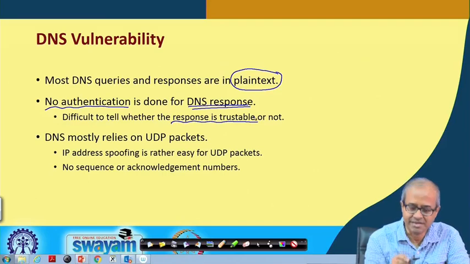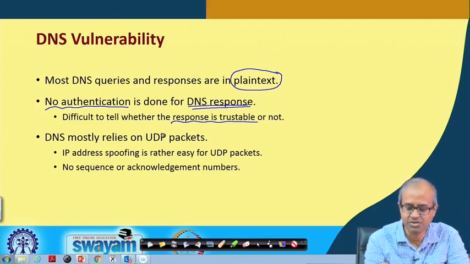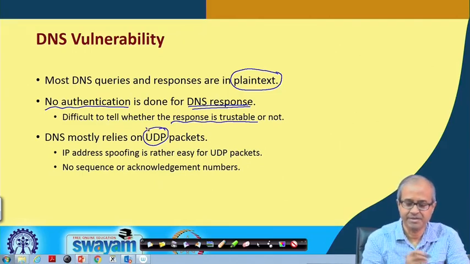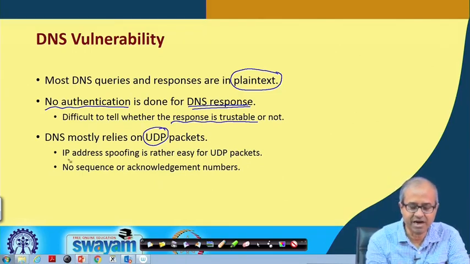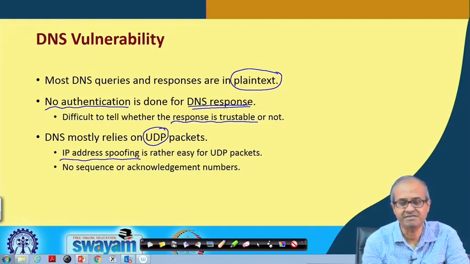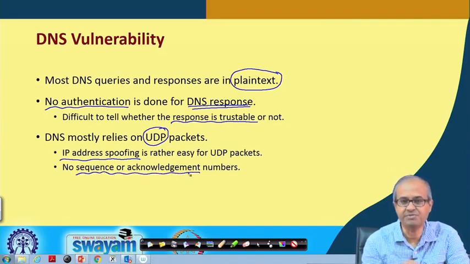And the other thing is that DNS requests and responses, because they are very small packets, they mostly rely on the UDP protocol, they do not rely on TCP, because UDP is much faster. And on UDP packets, IP address spoofing is much easier, because unlike TCP, there is no sequence number or acknowledgement number.